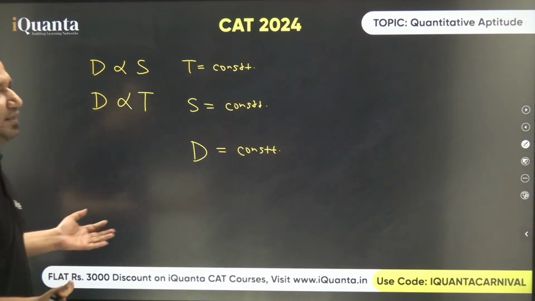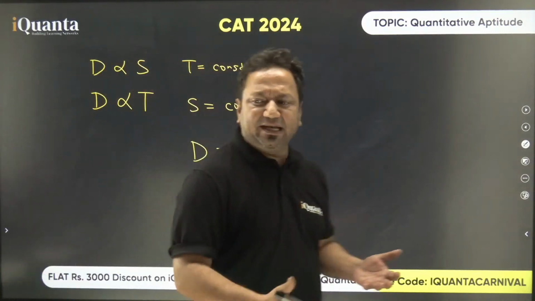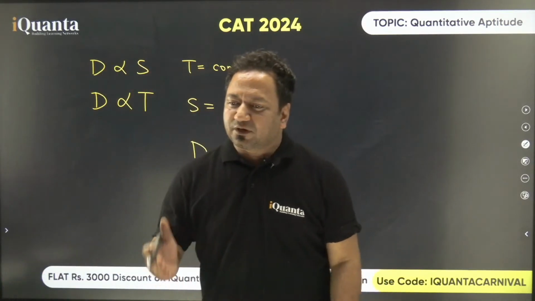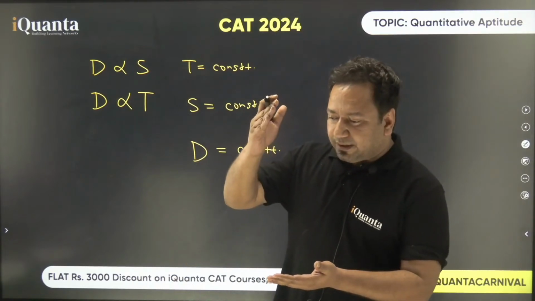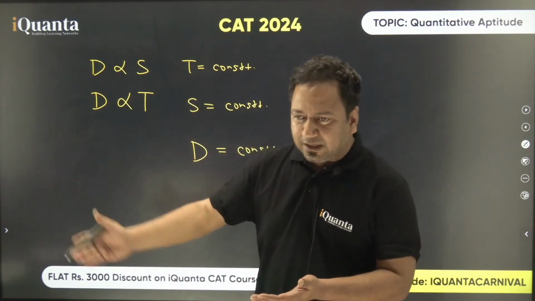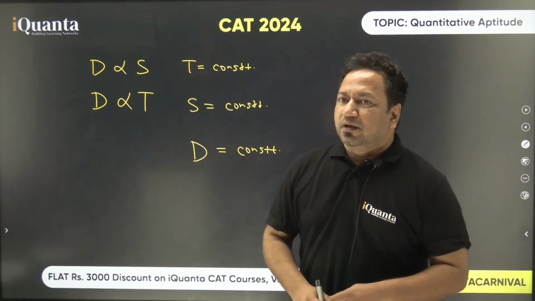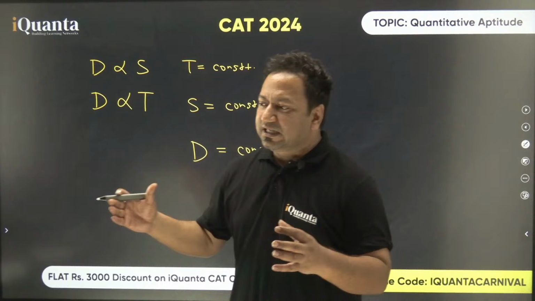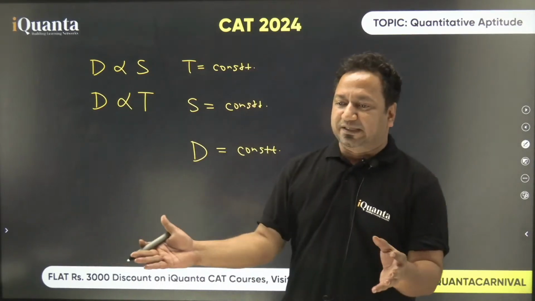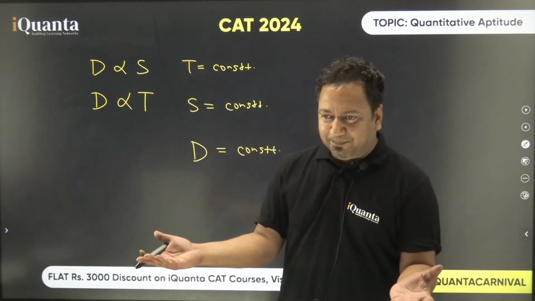So a very simple example from our daily lives. We go from, let's say, our home to our office. In my case, in your case, probably you're going from your home to your college. So the distance between your home and college is always constant, isn't it? It doesn't change with time.